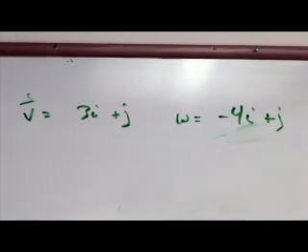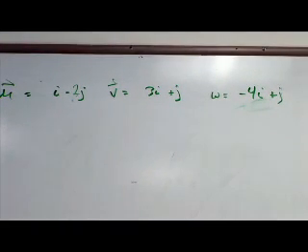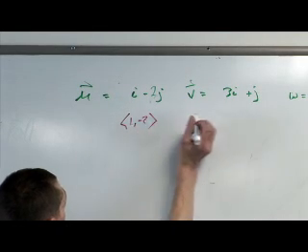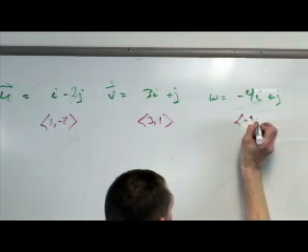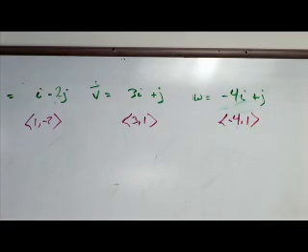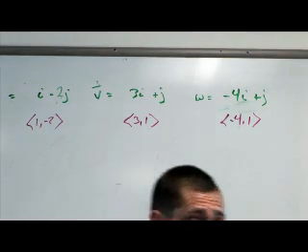This is just the component form. This means the same thing as this. This is 1, negative 2. This is 3, 1. And this is negative 4, 1. You should be able to recognize these as being the same thing. It's important that you can.